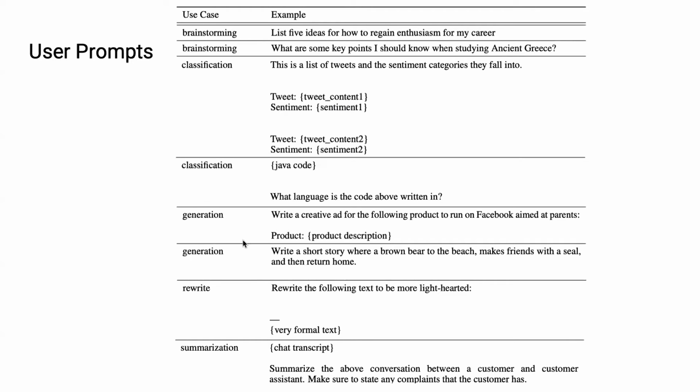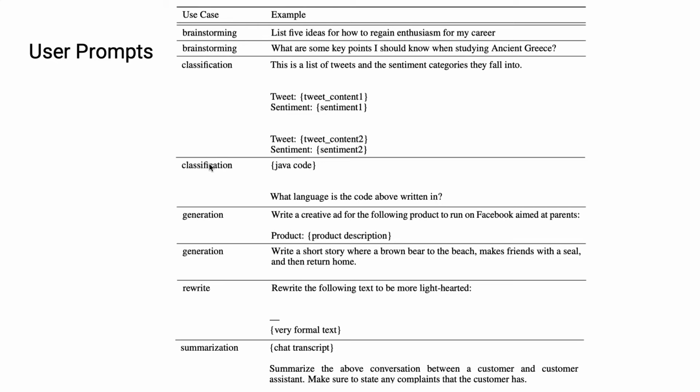And in their paper, they have shown lots of examples and templates from the user prompts. Like brainstorming ideas for the career, and what are the key points I should know when I study ancient Greece.